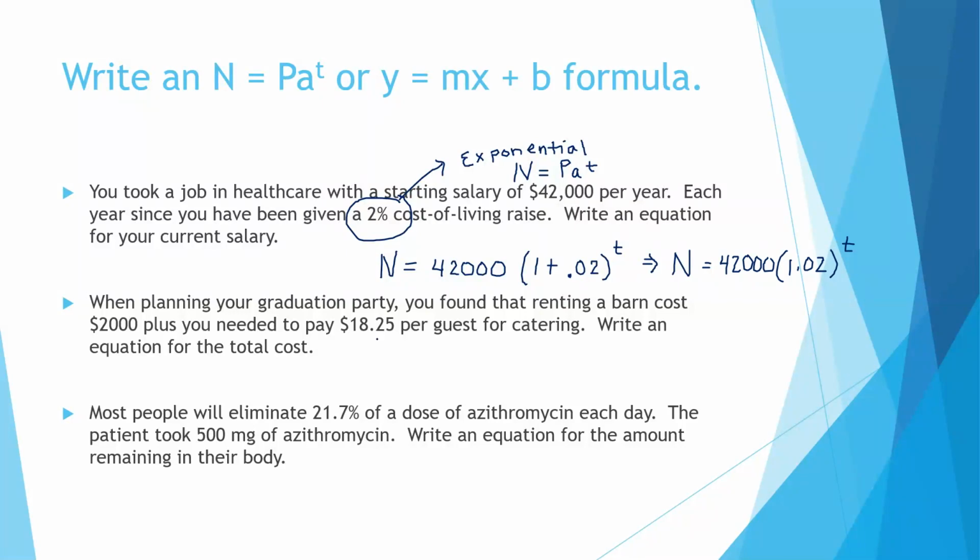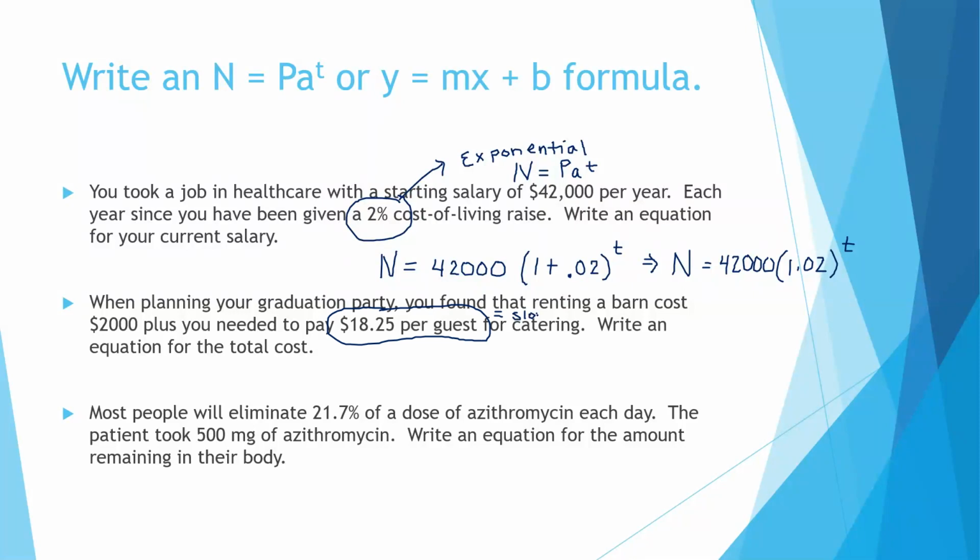Second example, you are planning your graduation party. You found that renting a barn costs $2,000, plus you need to pay $18.25 per guest for catering. Write an equation for the total cost. So I'm reading this right here, this $18.25 per guest, this is my slope.